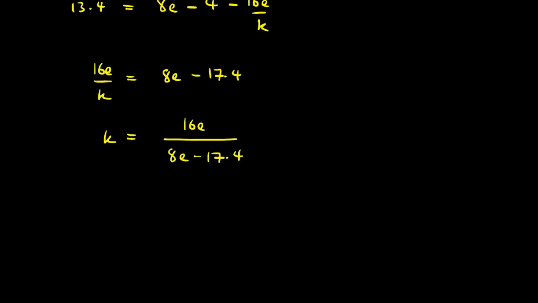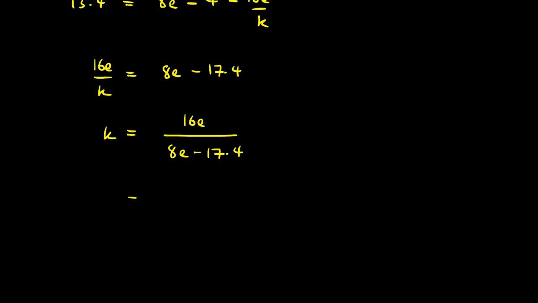And again, if we substitute that into the calculator, we should get 10. Now let me just double check that. So I am going to type in 8e minus 17.4. Yep, and then I'm going to do 16e divided by that, and I get 10.01. Okay, so that's my answer there.